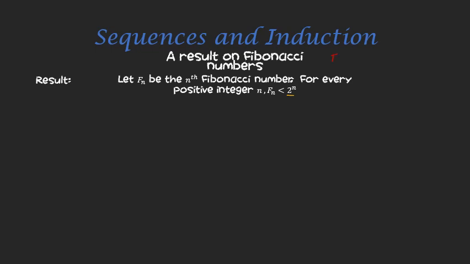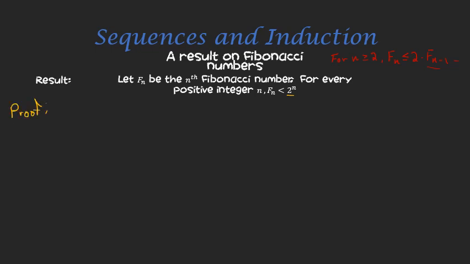We showed that for n greater than or equal to 2, f_n is less than or equal to 2 times f_{n-1}. So we'll get to use that here. And in fact, this little inequality is only based on the previous one. So we don't even need strong induction for this. We can do this with just regular old induction.